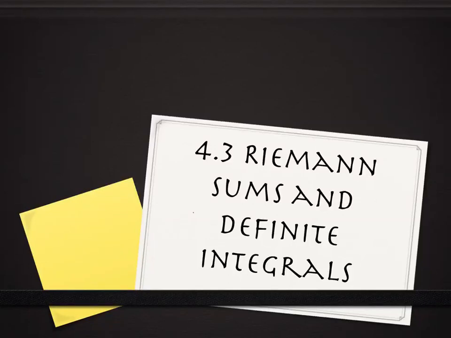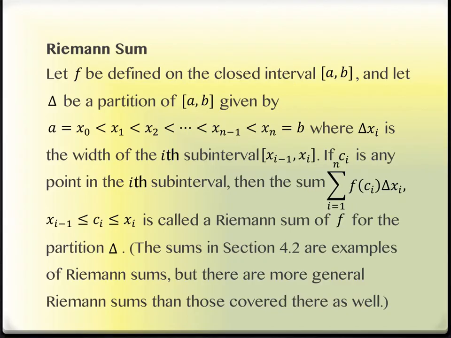So we started section 4.3 last time, and we had talked about this thing called Riemann sums. And if you remember, it's a lot like what we did in section 4.2 with the rectangles under the curve, but the difference is that we let these rectangles get infinitely narrow, right? Their width is going to 0.